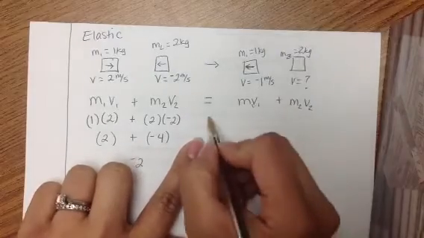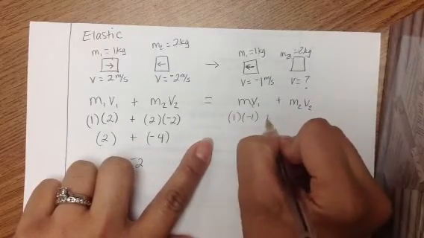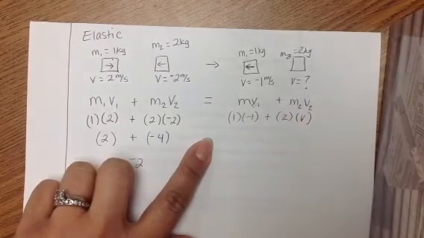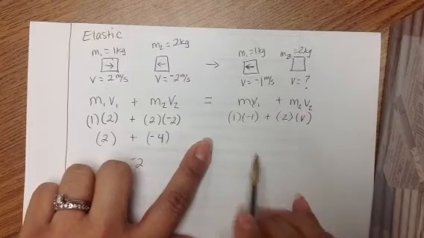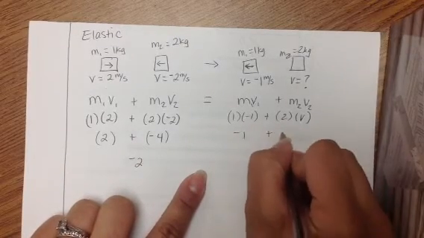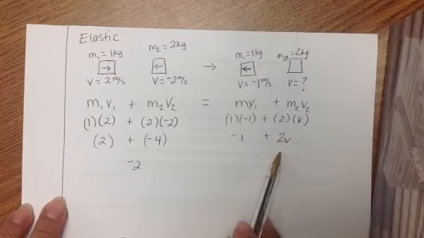So when I substitute my numbers, I would have 1 times a negative 1 plus 2, and then this is going to be my unknown. So I'm going to simplify this side as much as I can. I have a negative 1 plus 2v. Now, I cannot reduce this anymore.